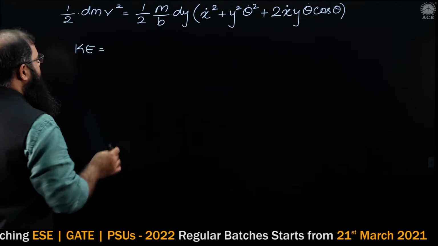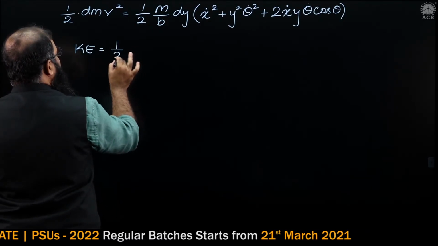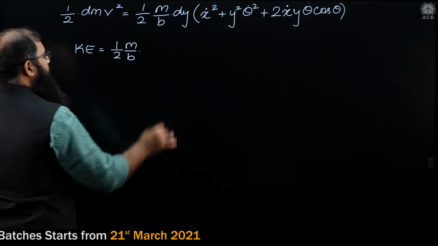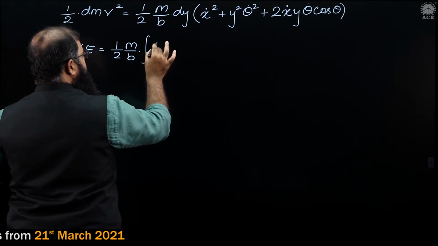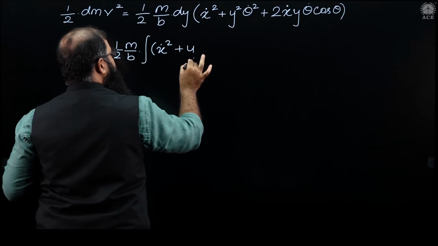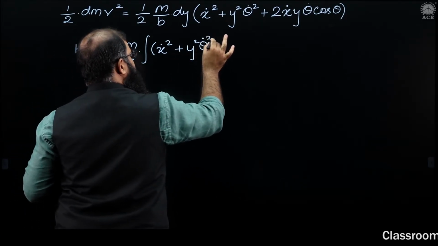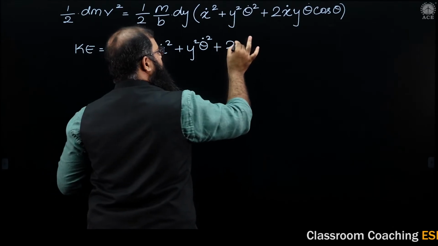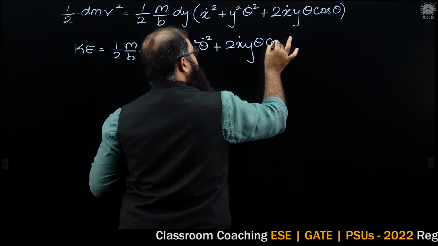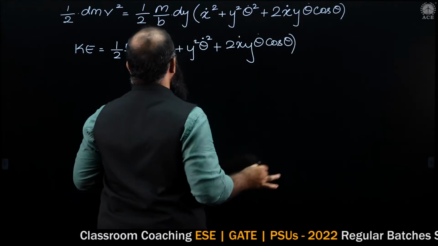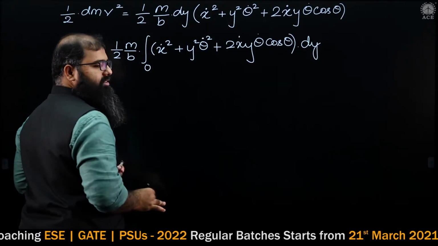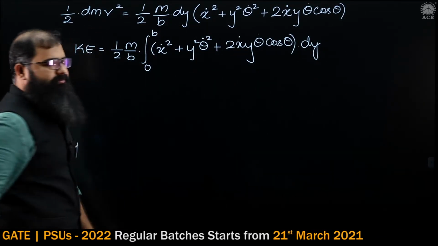I'm going to have half m by b is common, integral of x dot square plus y square theta dot square plus 2x dot y theta dot cos theta times dy. And where is my y ranging from? It is ranging from 0 till b.